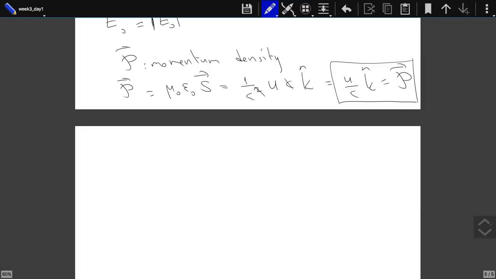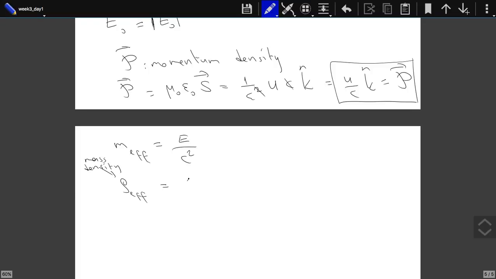Well, u is the energy density. Now keep in mind Einstein's E is equal to mc squared. Okay, the electromagnetic wave doesn't have a mass, but it has an energy. You can somehow talk about some kind of an effective mass, which will be E over c squared. Or if you want to talk about the mass density, this is the mass density, not the charge density, although we are using this rule for both of them.